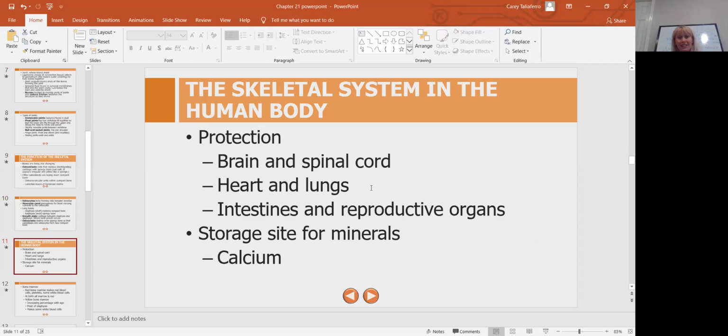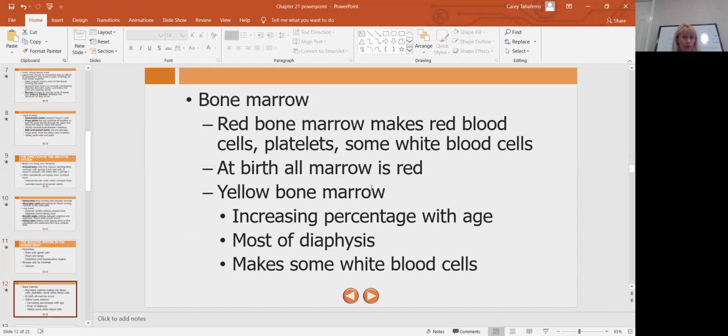Those vertebrae protect that spinal cord. And then you have your rib cage, which protects many of our internal organs, hearts, lungs, intestines, reproductive organs. And another thing that they're used for is as a storage site. We have to have calcium, for example, and bones are our storage place for that.